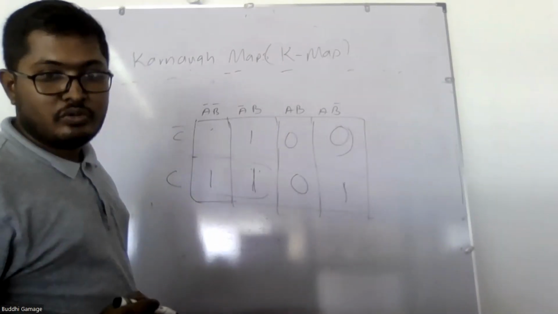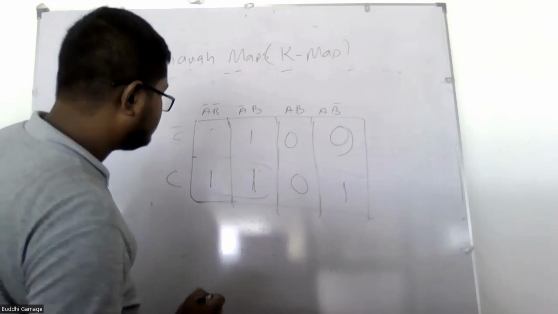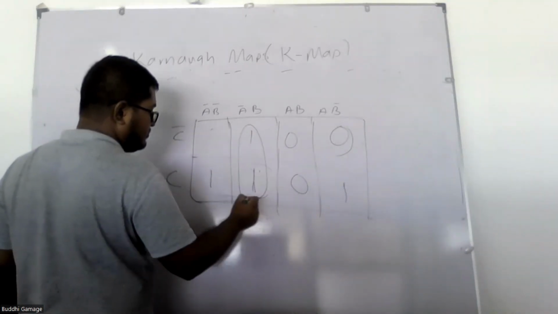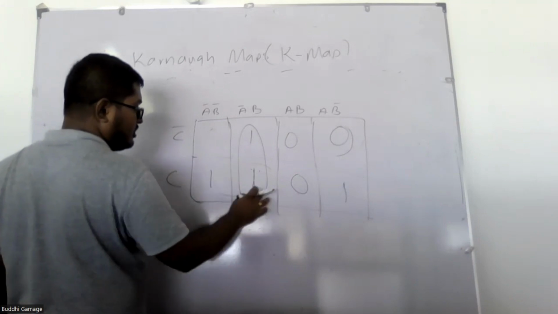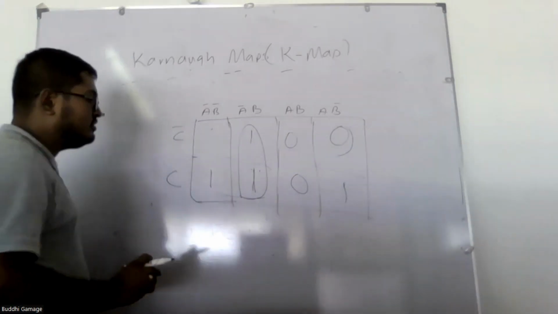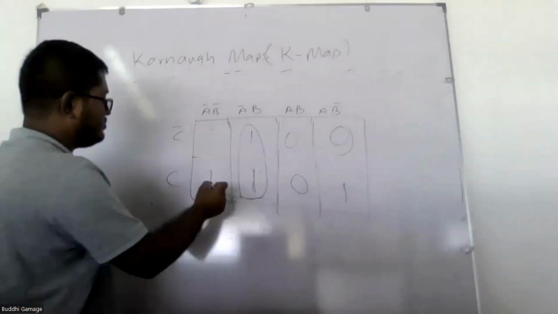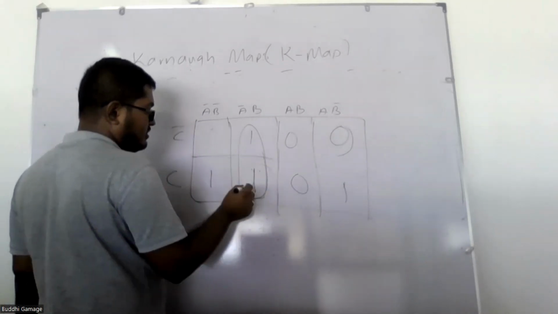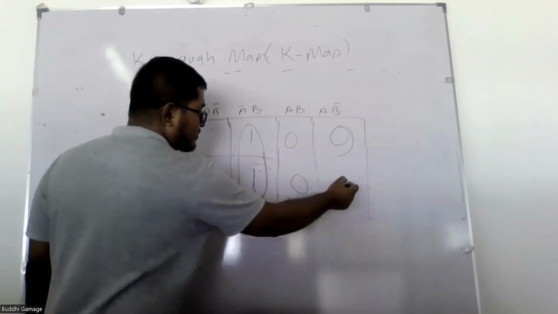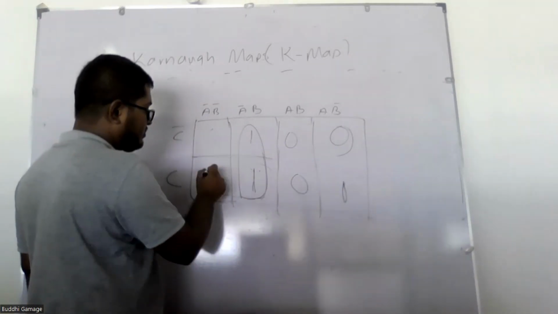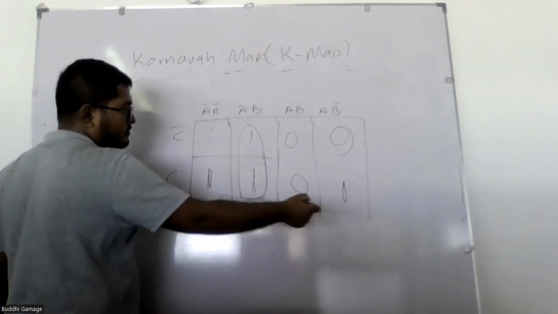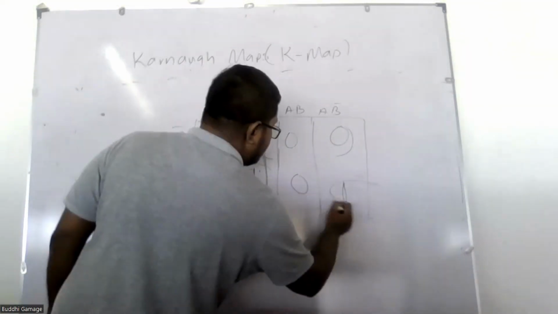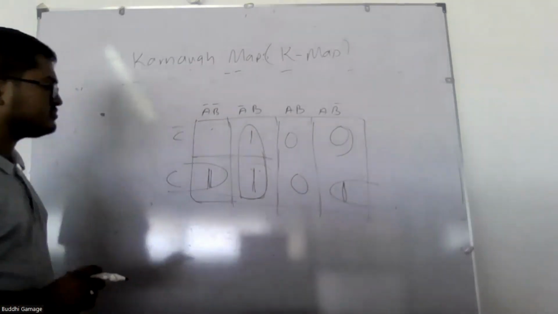Here, how can you do the grouping? You can group these two. You can't group three, only two. And there is one here and one here. Yeah, we can pair these two here, so this will be another group.